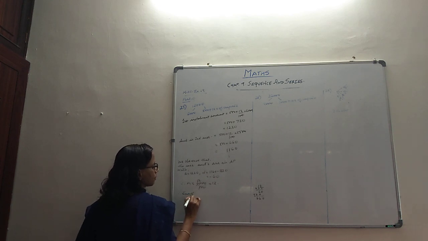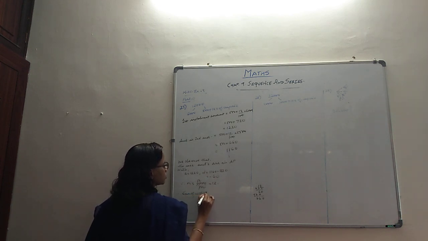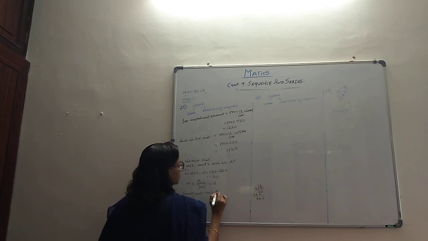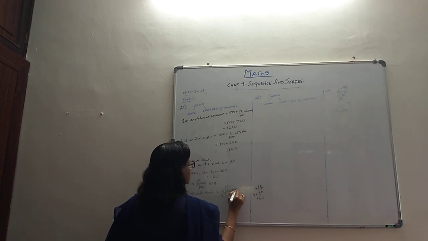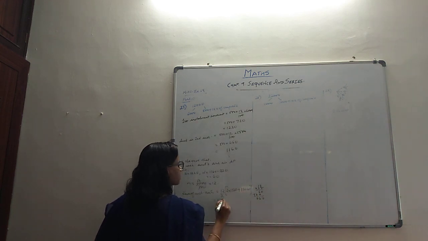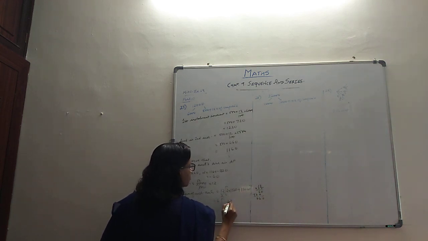The sum of installment amounts is, by formula, n by 2 into 2a plus n minus 1 times d, that's 11, and d is minus 60. So 6 times 2440 minus 660.